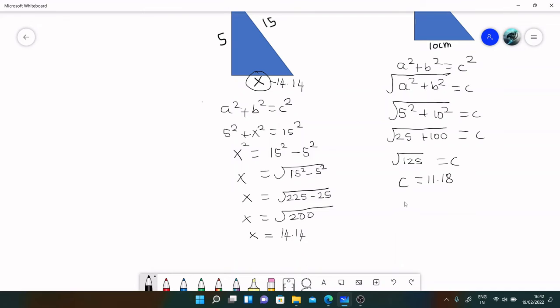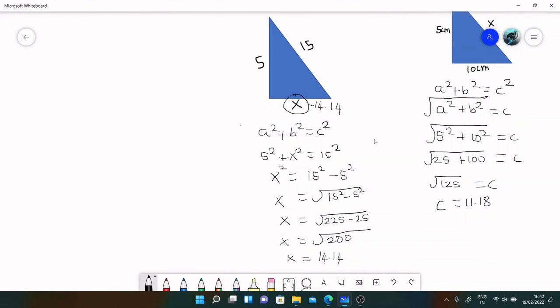Now we can check if this value is correct by putting this value in the theorem again. A square plus b square equals c square. We can check that 5 square plus 14.14 square equals 15 squared.